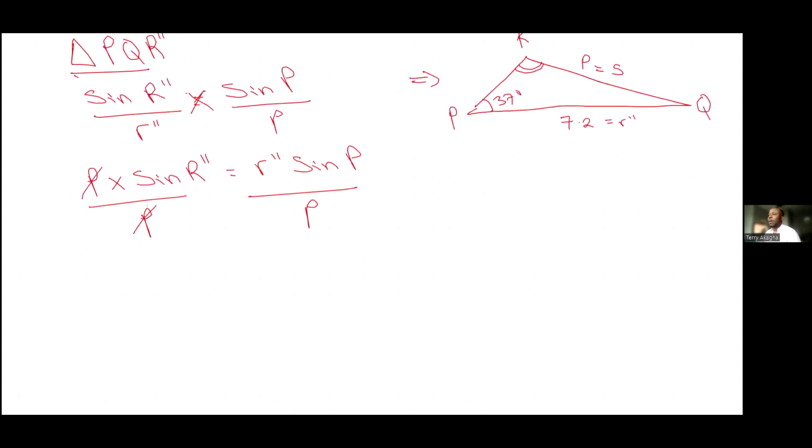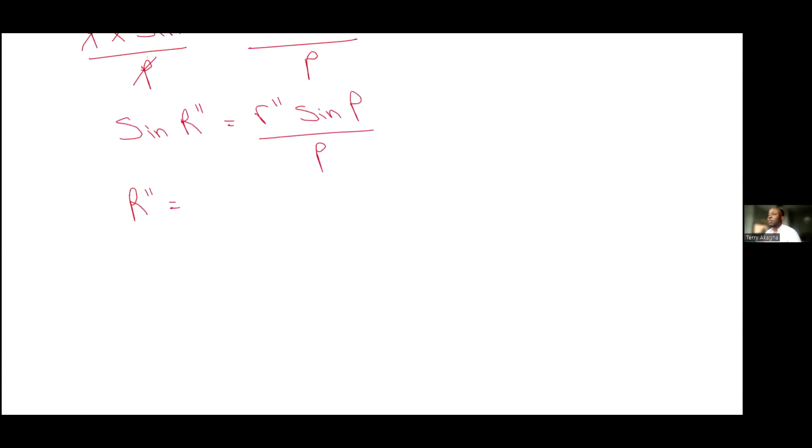Then you're going to have sine R double prime equals r double prime sine P divided by P. But we are not looking for sine R double prime, we're looking for R double prime, the angle itself. So R double prime is going to be equal to the sine inverse of r double prime sine P divided by P. Then we can now put it in.